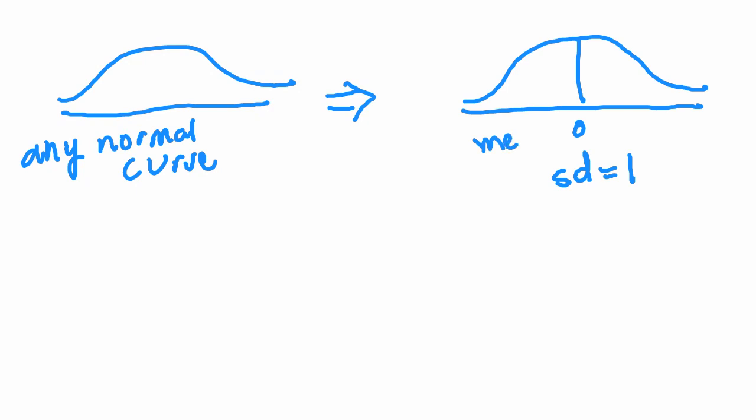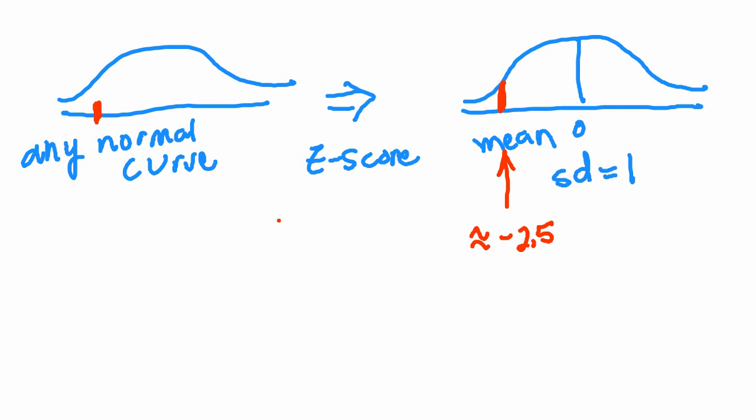So the mean is always in the middle, and that's what the z-score does for us. So suppose our score is over here. We could say that it's about negative 2.5 or so.